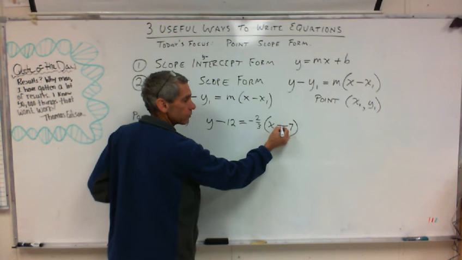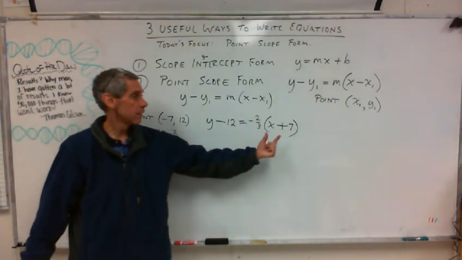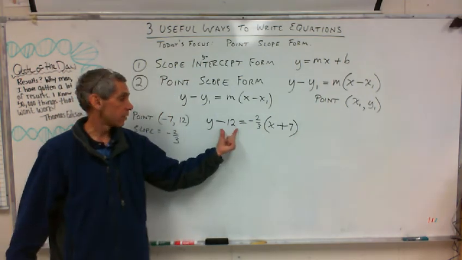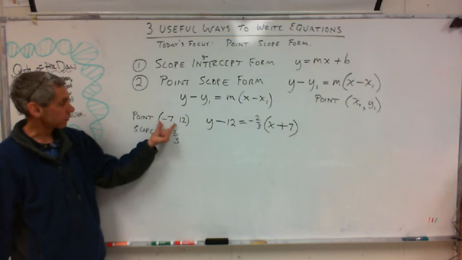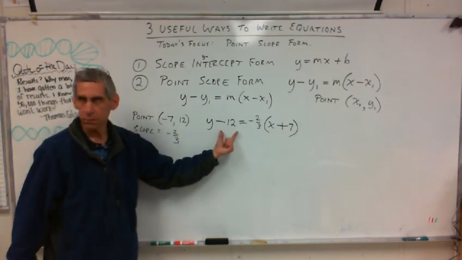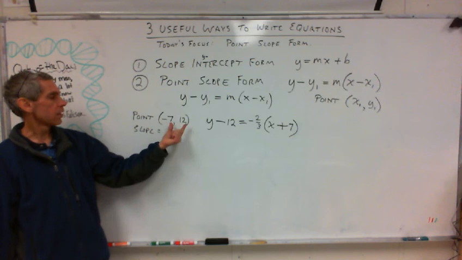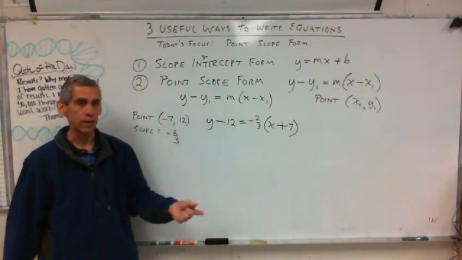Plus 7, so that becomes a plus. And that makes sense because our point should be the opposite of this, which is -7, comma, the opposite of this, which is +12. Does that make sense? -7, comma, +12, right?